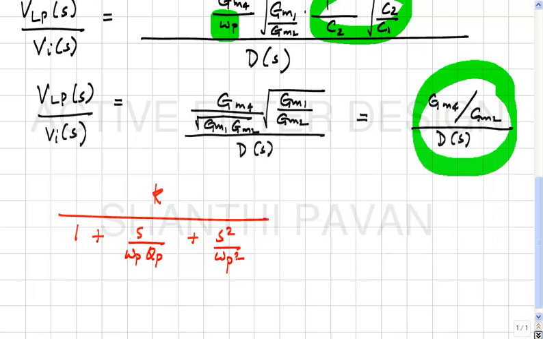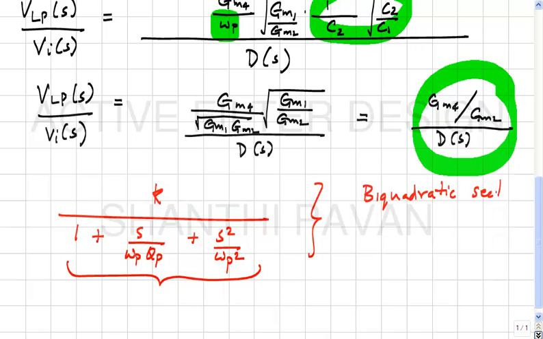Okay, and it turns out that any filter network which realizes a second order denominator is called a biquadratic section or a biquad for short.